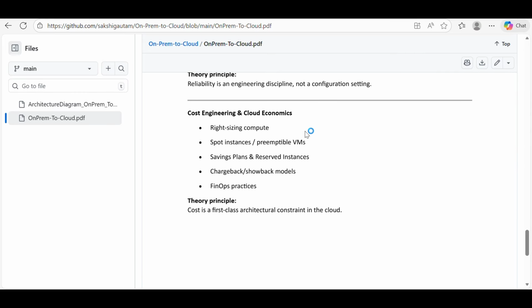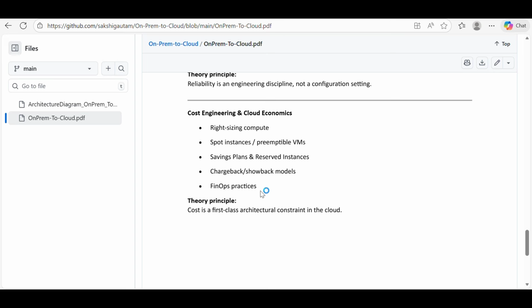So cost engineering comes to mind when we deal with cloud: how right-sized compute should be used, how spot instances should be used, how savings plans and reserved instances work. Then FinOps practice comes into play.